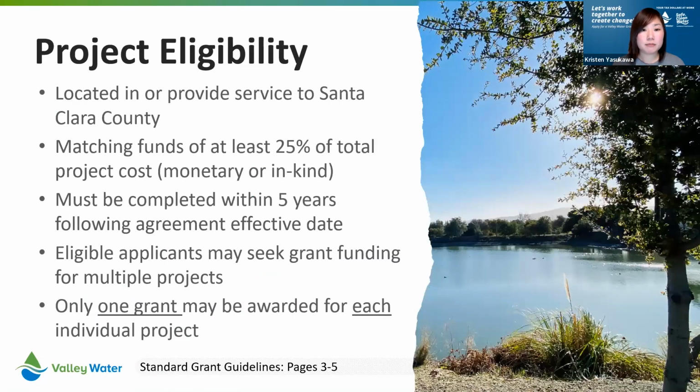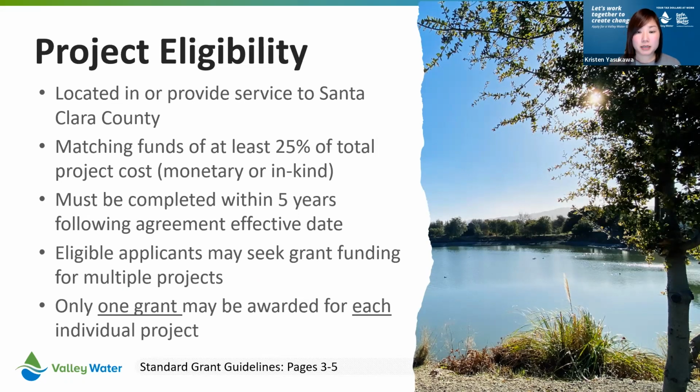Okay, so this is the eligibility, and is your project eligible for funding? This applies to all of the project types, no matter what their criteria says. All the projects that we fund must be located in or provide service to Santa Clara County. All of our projects must demonstrate that the applicant or grantee is providing match funds of at least 25% of the total project cost.